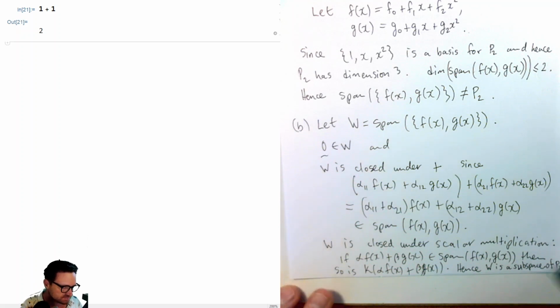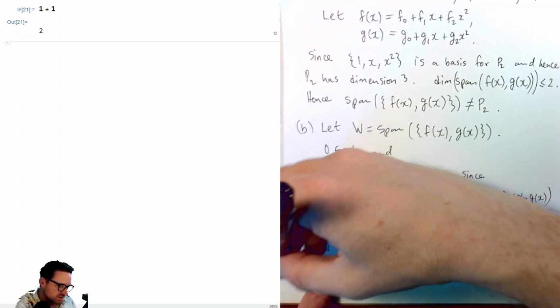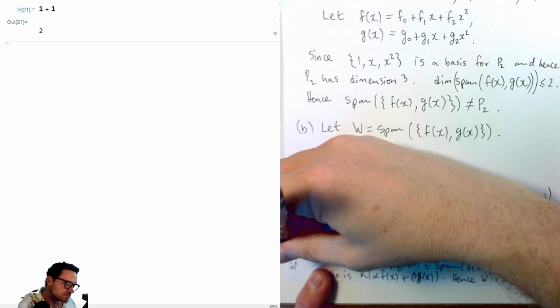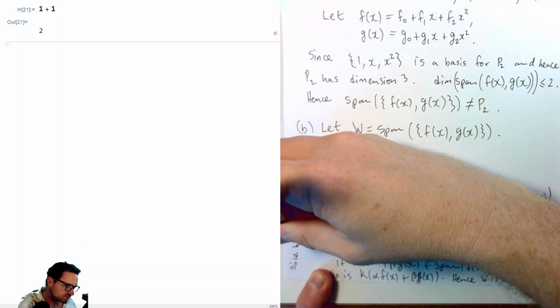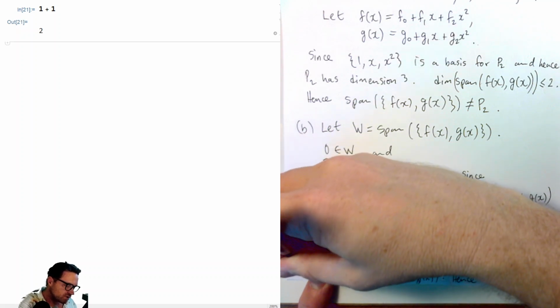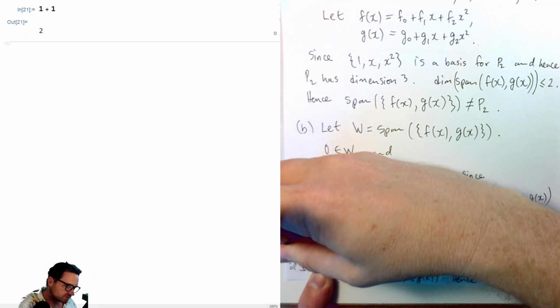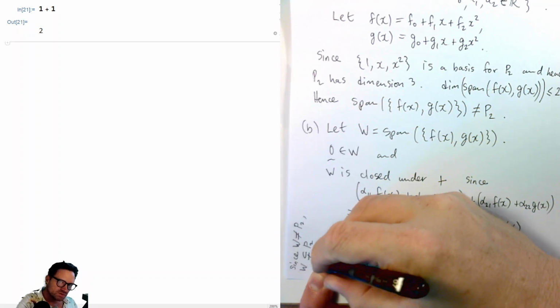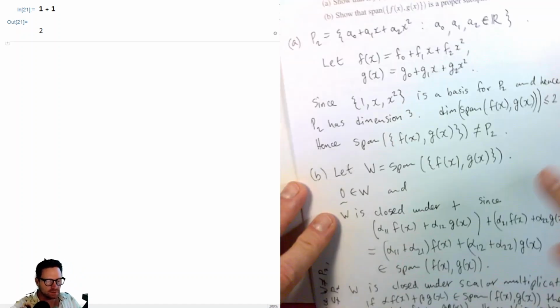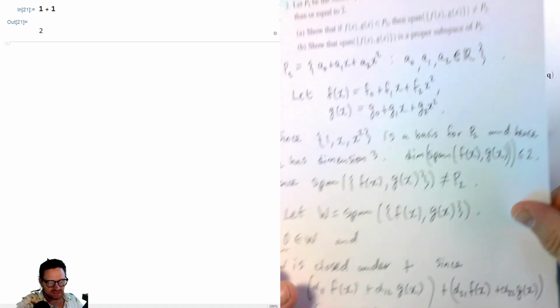Where should I write this? Let's put this on the side. Since W is not equal to P2, W is a proper subset of P2. So I put not equals under here. See that? Okay. All right, let's move on to the next page and next problem.